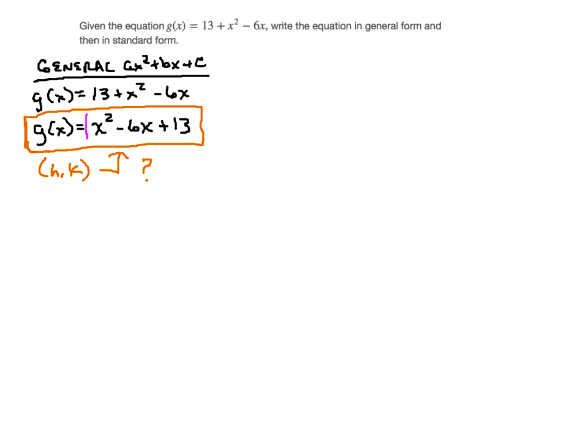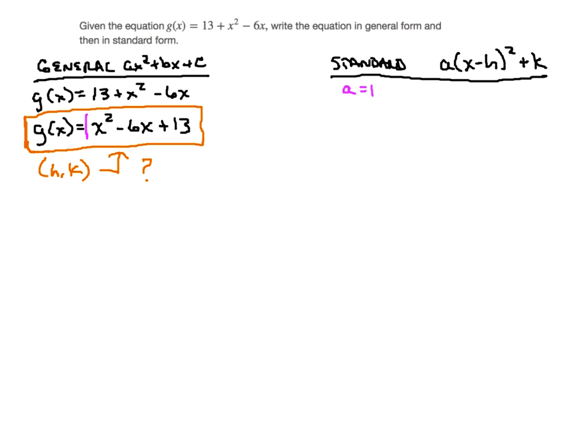So to write standard form, that is A times X minus H squared plus K. I need my A, my H, and my K. I've already got my A. I'll go ahead and write that down. My A is equal to 1.